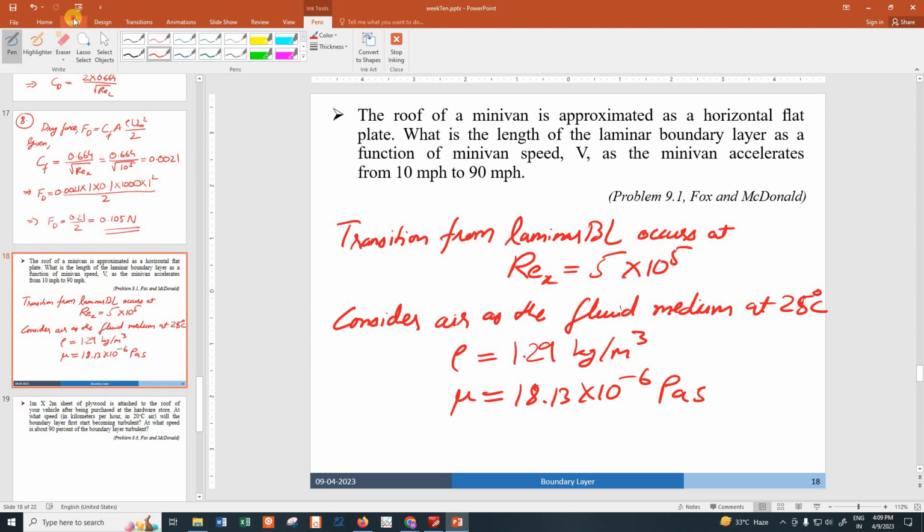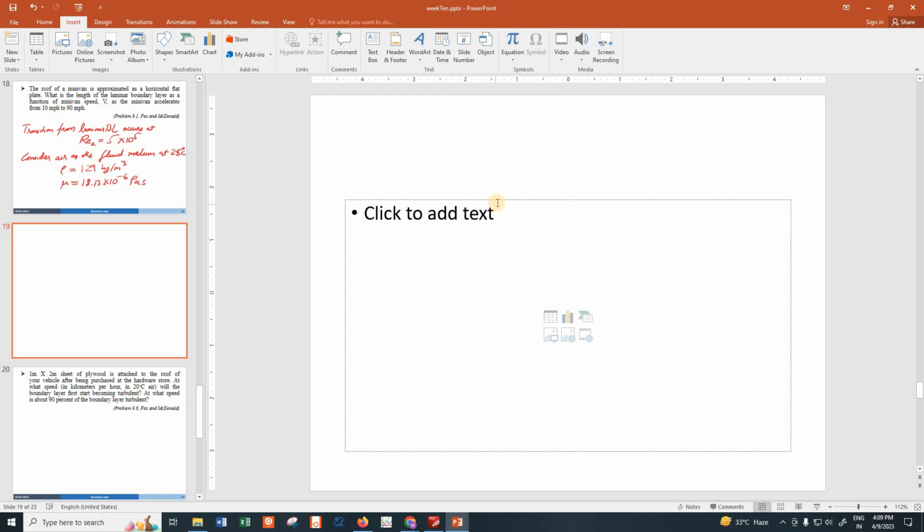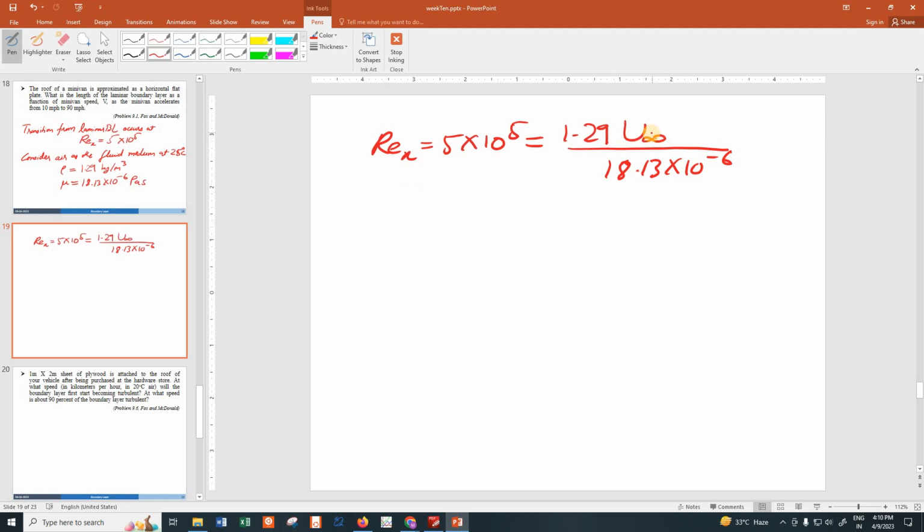So the Reynolds number is rho V D by mu, and basically at 10 meters per hour. So for now, let us just do infinity.